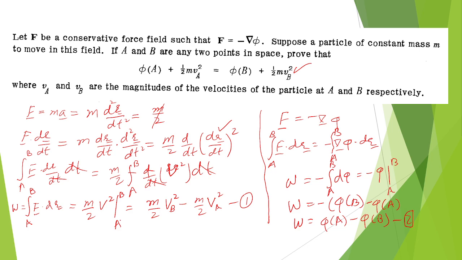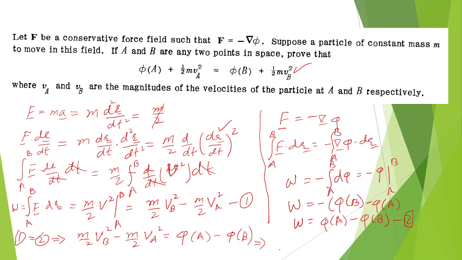Equating 1 and 2, because both are equal to work, m by 2 vB square minus m by 2 vA square is equal to phi at A minus phi at B.